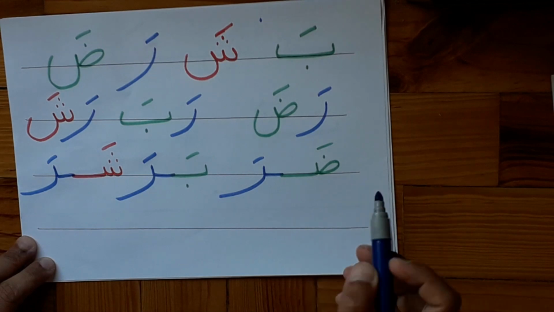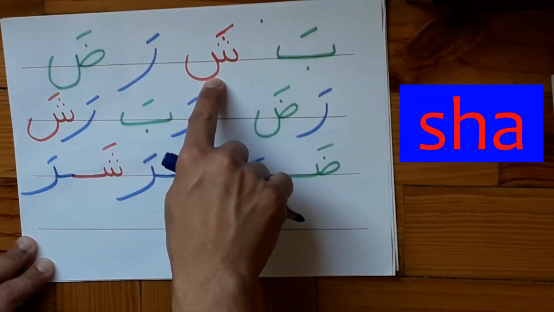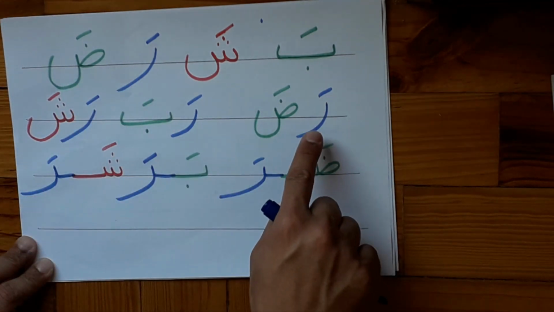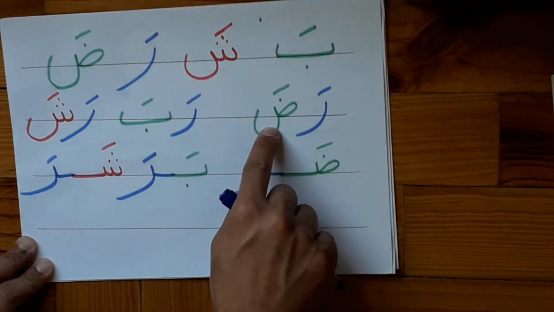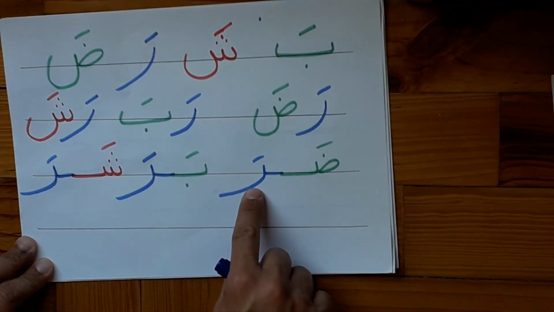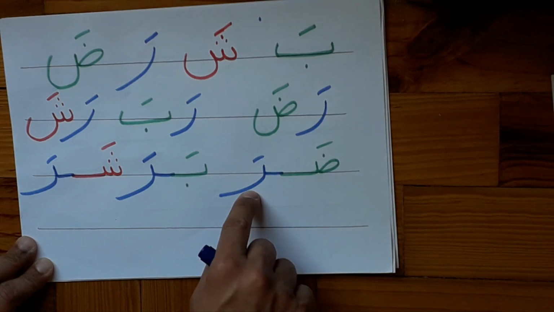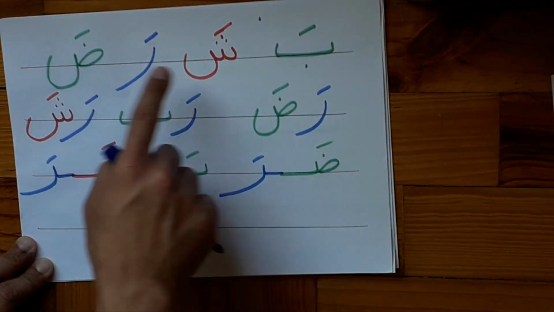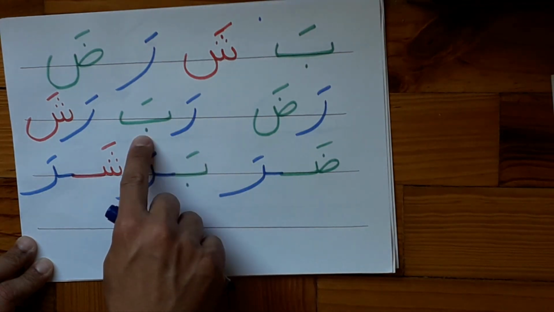Okay, let's read them one more time. So I have here ba, sha, ra, da, ra, da, rada. Invert them. Da, ra, dara. Another word. Ra, ba, ra, ba, raba.